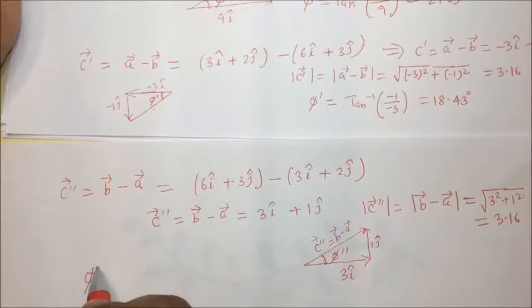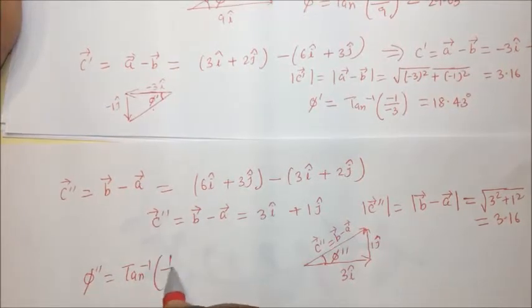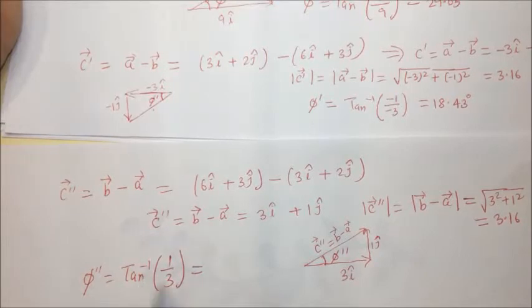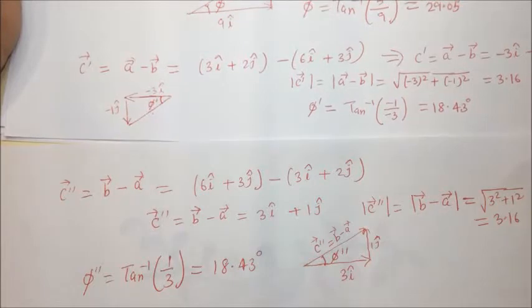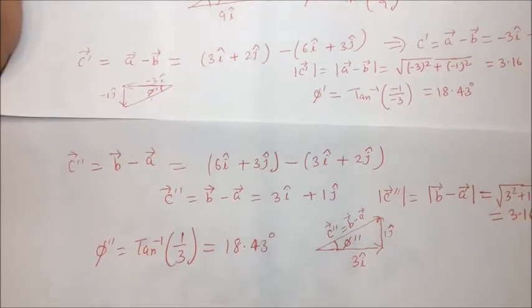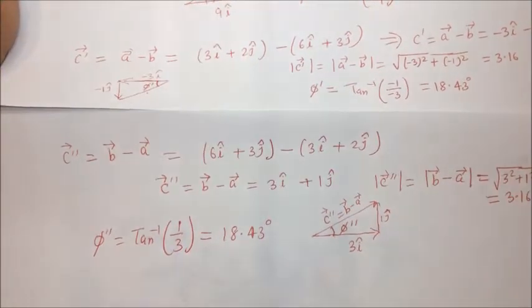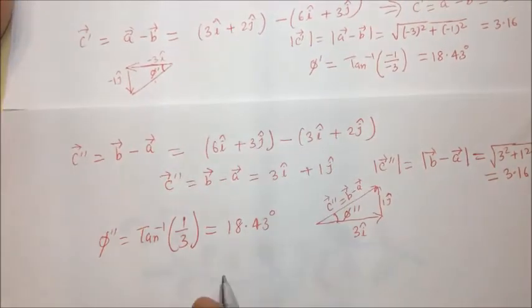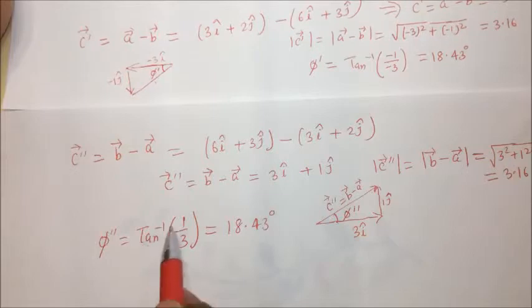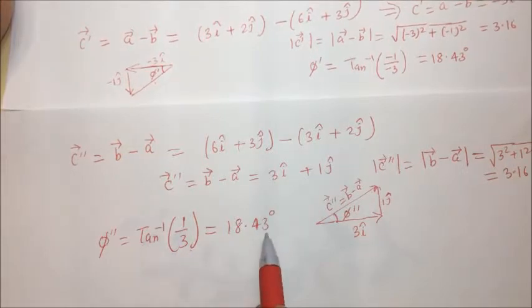So phi double prime is equal to tan inverse 1 by 3, and that gives you 18.43 degrees.